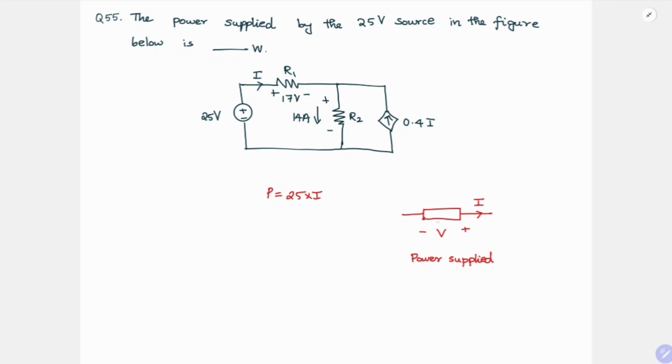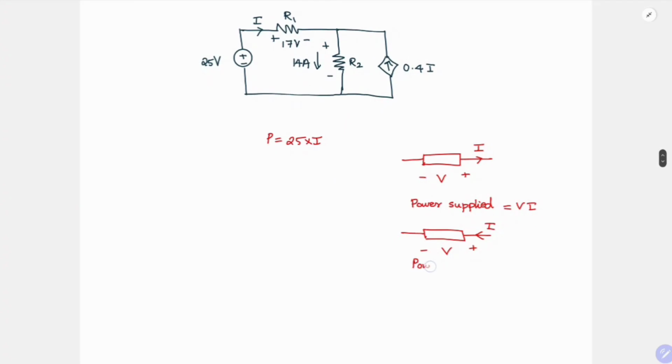So if you take the I going from negative to positive terminal, your power supplied will be V into I. Similarly, for an element, if you want power consumed, then if you see it is going into the positive terminal, traveling from the positive terminal to the negative terminal, then your power consumed is plus VI.